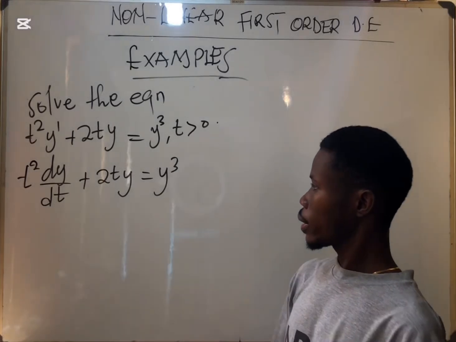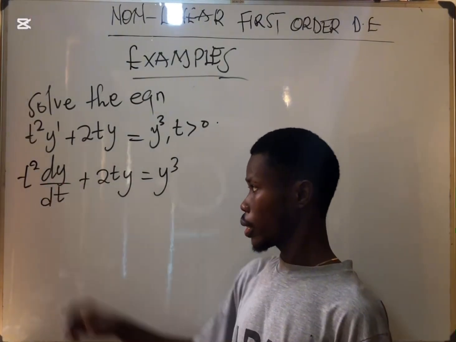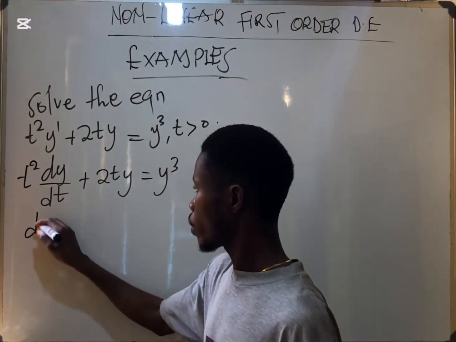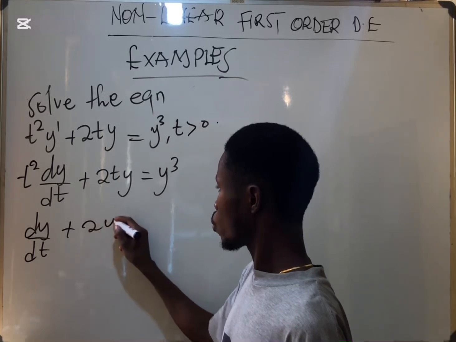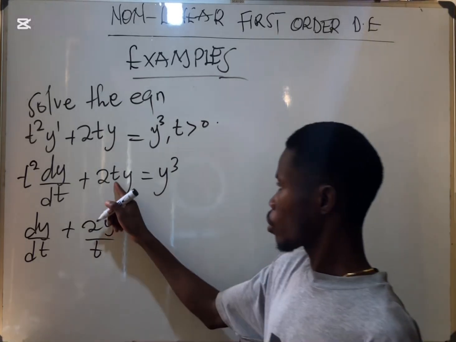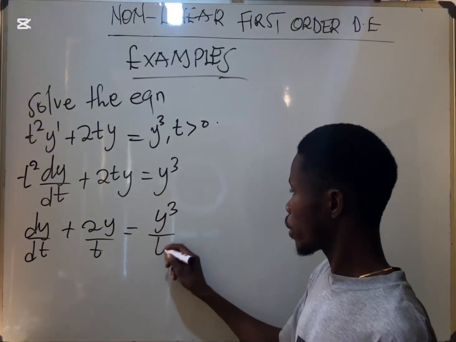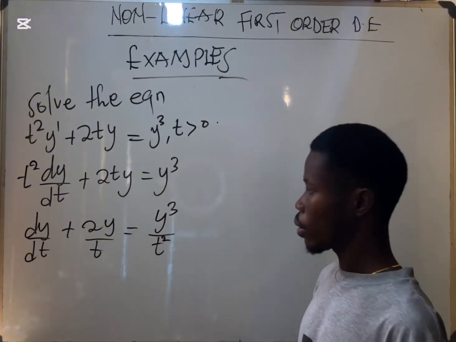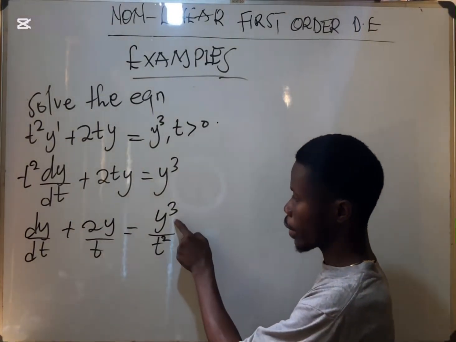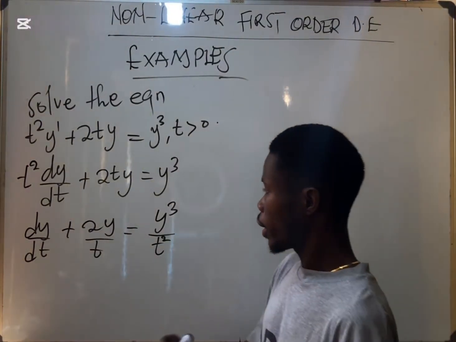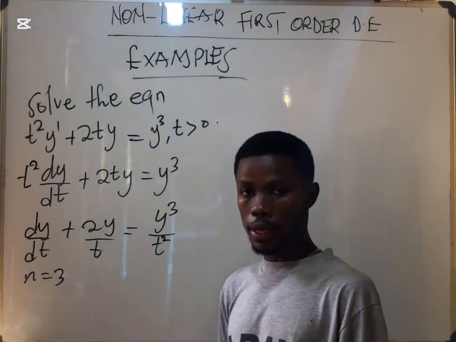Let's write this in the standard form. When you divide through, you have dy/dt plus 2y over t, because one of the t will cancel, equals y cube over t squared. So this is the standard form. This one is Bernoulli because of the y cube here, with n equal to 3. I hope you understand that.